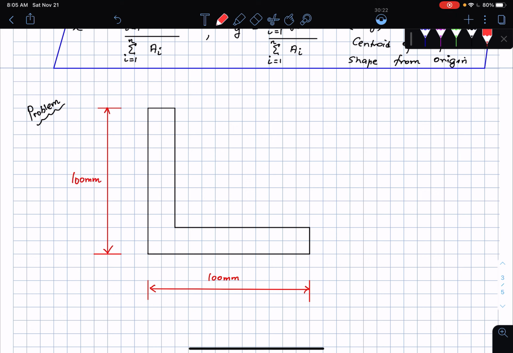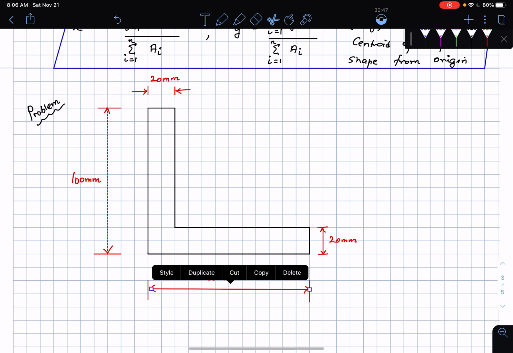The width of this flange is 20 millimeters, and likewise this little fellow is also 20 millimeters. Let me draw these in dotted lines.